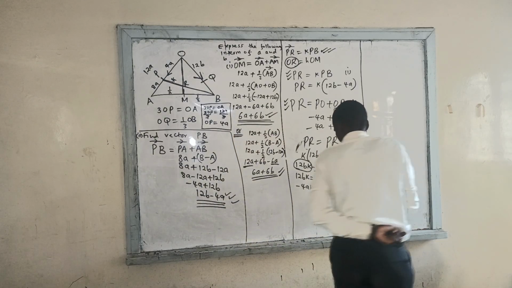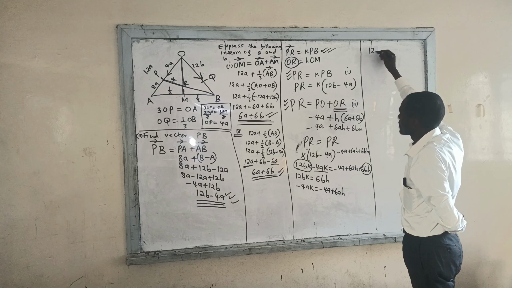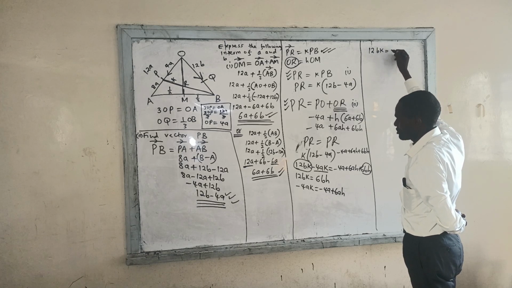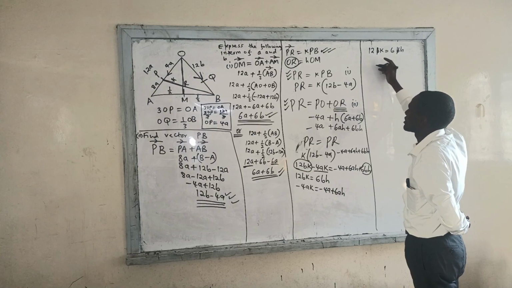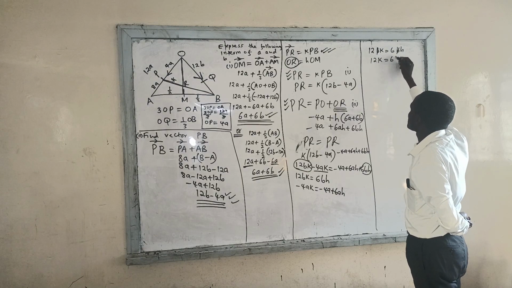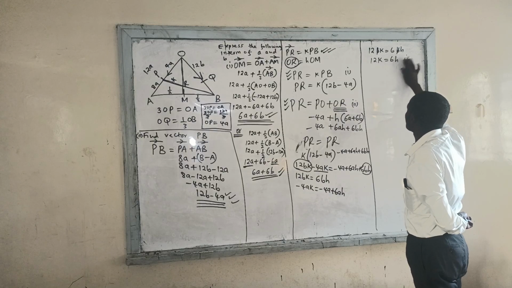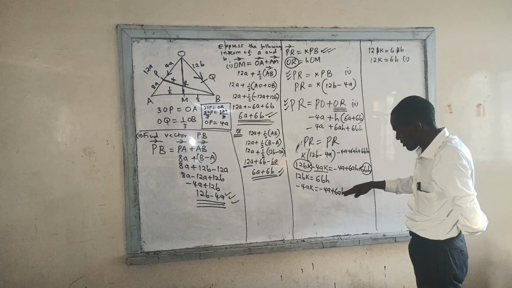Fine, we'll proceed. You can come here and say 12BK is equal to 6BH. B and B will disappear so that you are left with constants K and H. So that means 12K is equal to 6H. That's the first equation. So you shall go to the next one and see what you can eliminate.